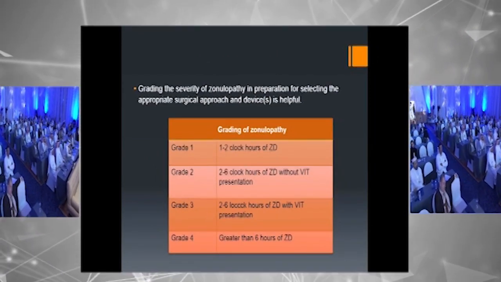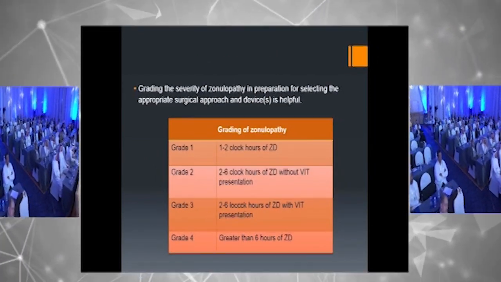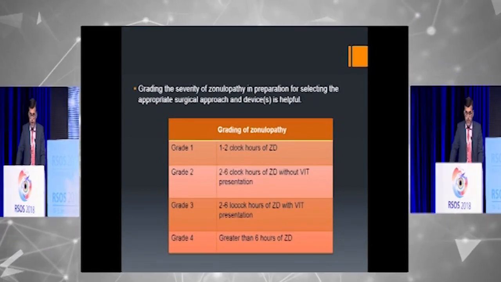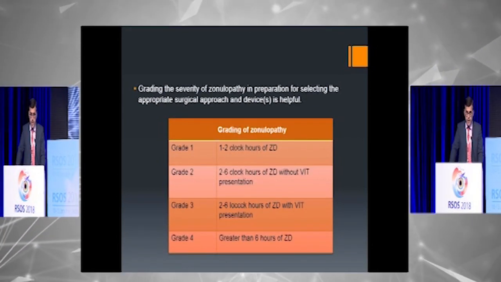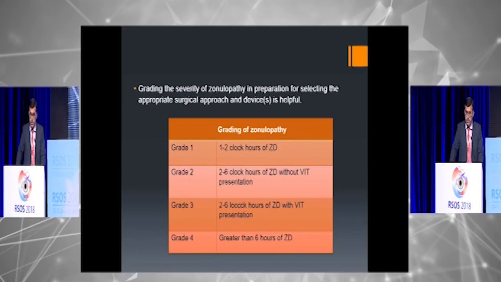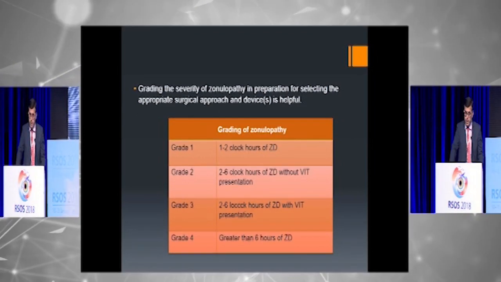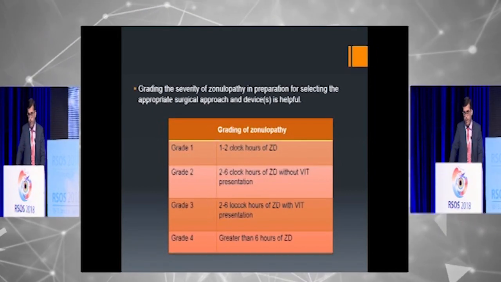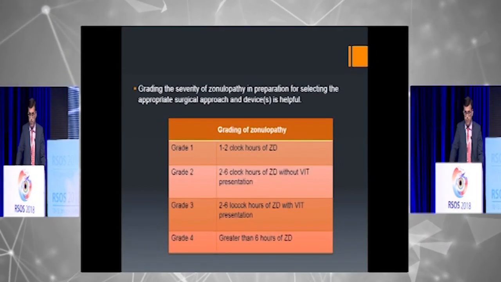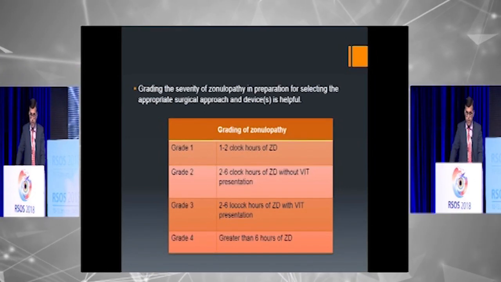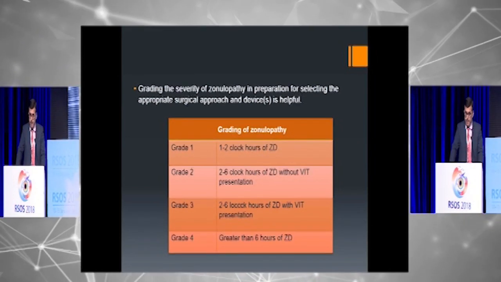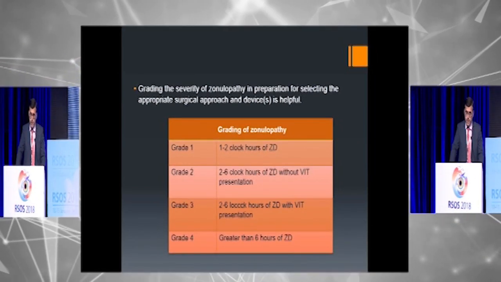It's very important to grade the severity of the zonulopathy in preparation for selecting the appropriate surgical approach and devices, which is helpful. There are 4 grades of zonulopathy resulting from pseudoexfoliation. Grade 1, from 1 up to 2 clock hours of zonulopathy or dehiscence.